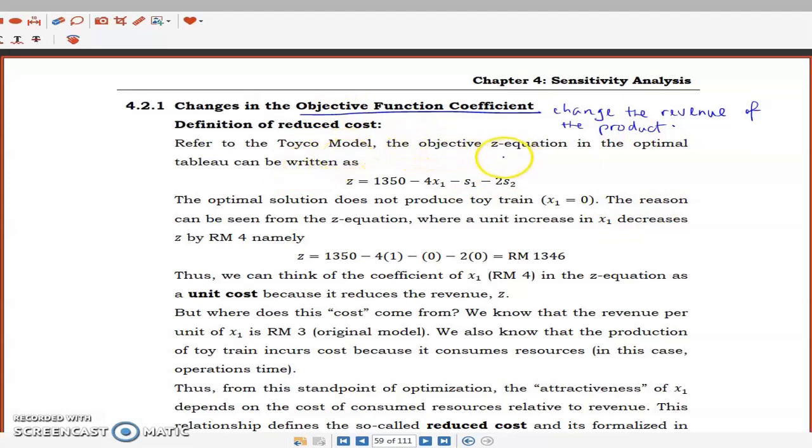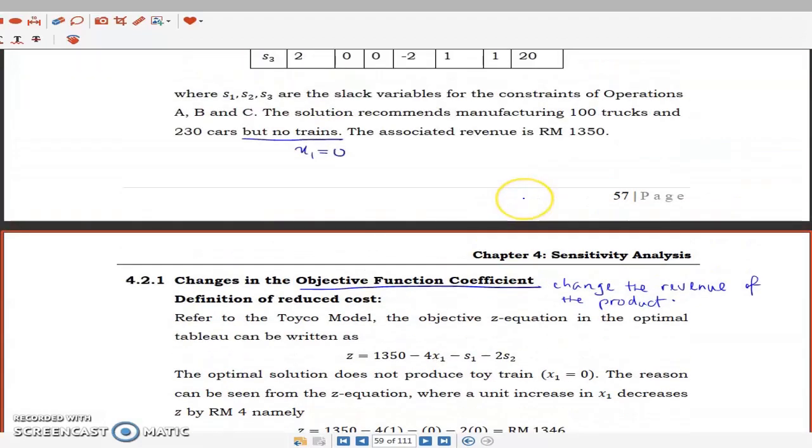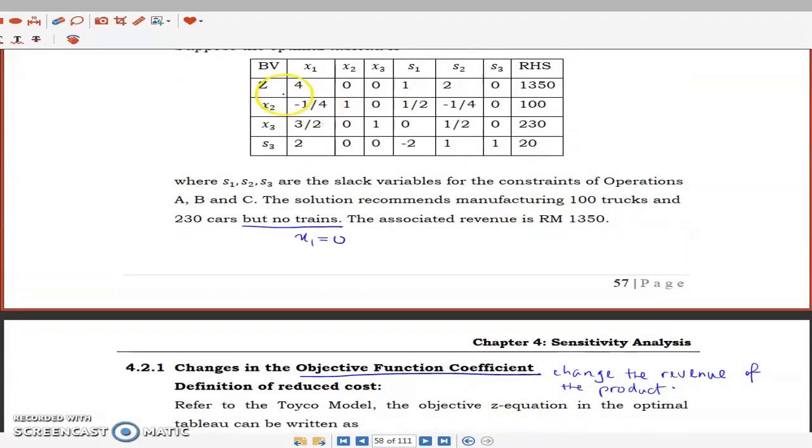The objective Z equation in the optimal tableau can be written as Z equals 1,350 minus 4x1 minus S1 minus 2S2. This equation we get from the optimal tableau, the optimal row 0.